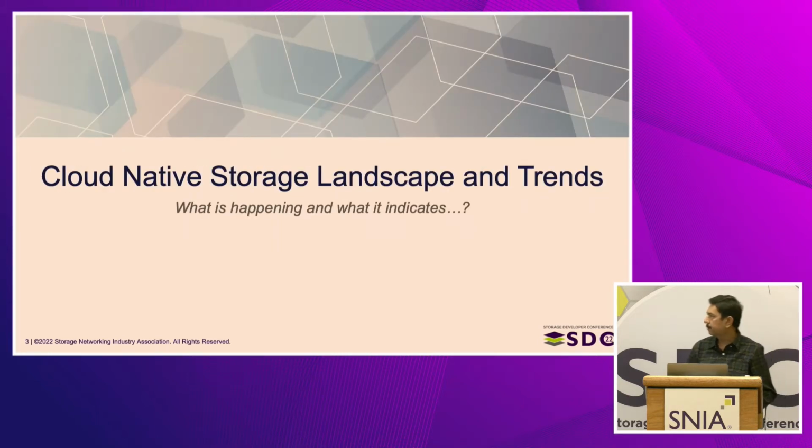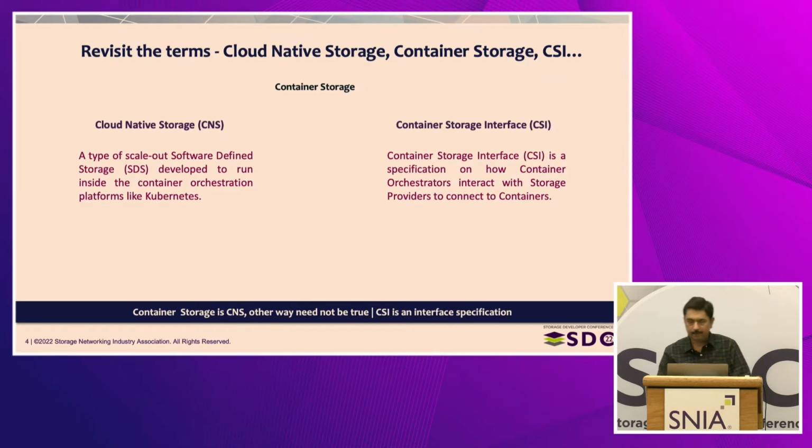So first, what is happening? The cloud native storage landscape and the trends. Before we go into that, let's get to the same page here. There are a lot of terms. When we talk about cloud native storage, we're talking about a type of scale out software defined storage, which is actually deployed on container orchestration system like Kubernetes.